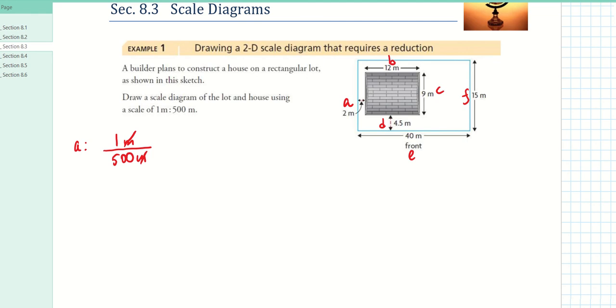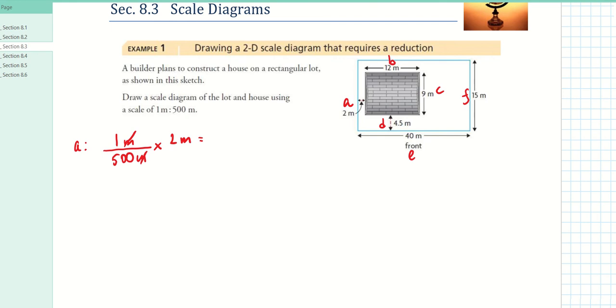So let's convert this 2 meters using this conversion of 1 over 500. So we're going to multiply this by 2. Now this is 2 meters, right? So even though these units are gone, we still have the units of the actual dimension of 2 meters. So we're going to end up with a scaled down version of this, which we can then draw on a piece of paper.